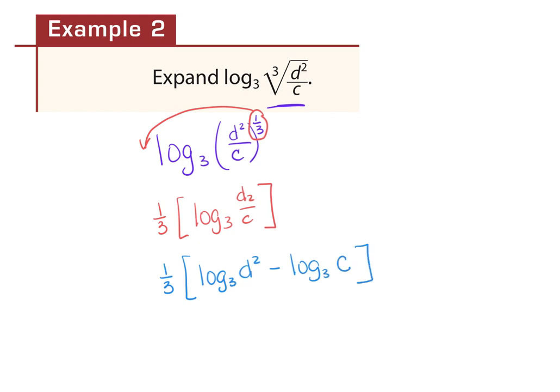I'm actually still not done. This exponent can go just in front of the d portion. So I have 1/3 times 2 times log base 3 of d minus log base 3 of c. That is fully expanded. If you wanted to distribute the 1/3, you could. You don't necessarily have to.